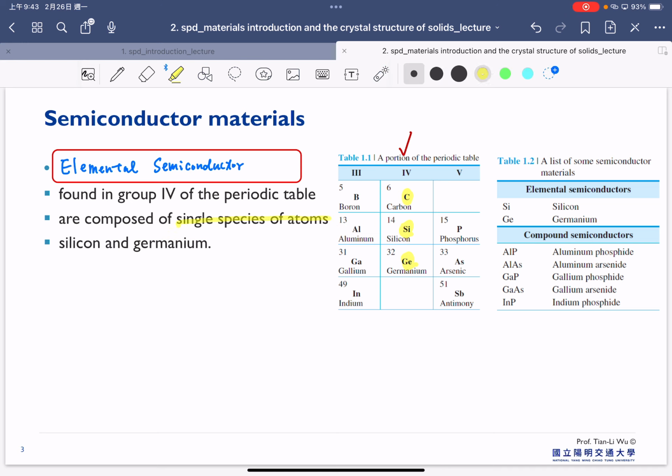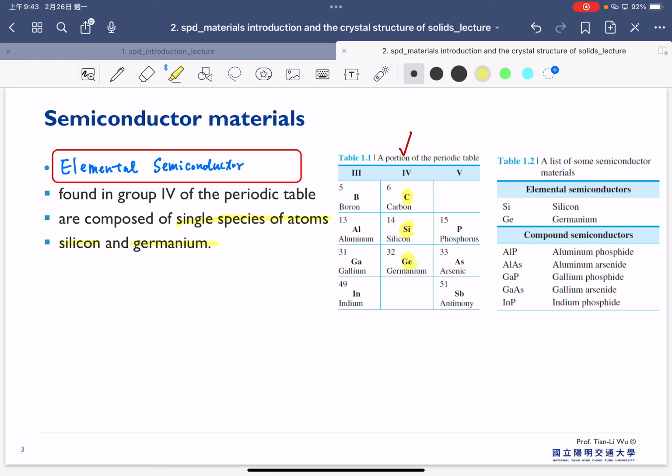And among the three, the most important ones are silicon and germanium. These are very important elemental materials that we can use for semiconductor devices.